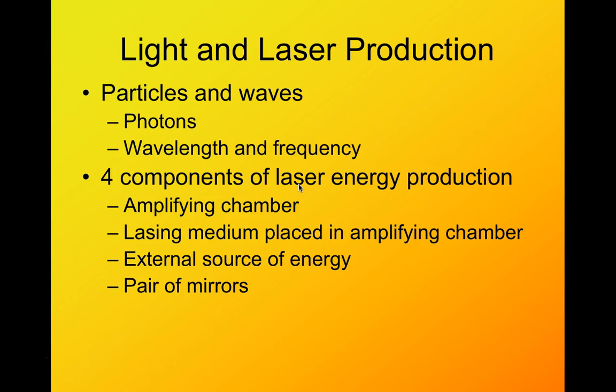And all of that is one unique thing, because that's what sets us up for our photon to have that specific wavelength of energy. Then we have some sort of external source of power, which is most often electrical, battery operated, or from the wall. It could also be chemical or optical.